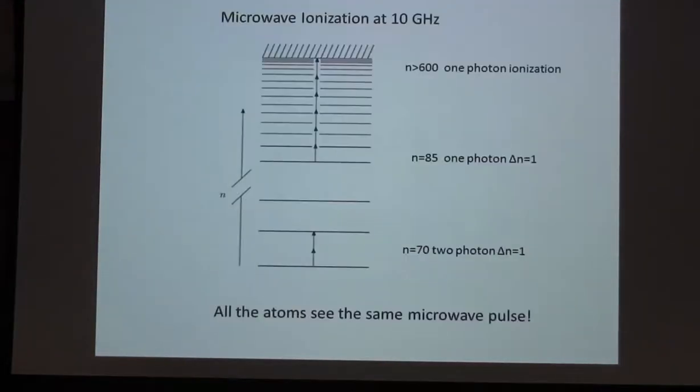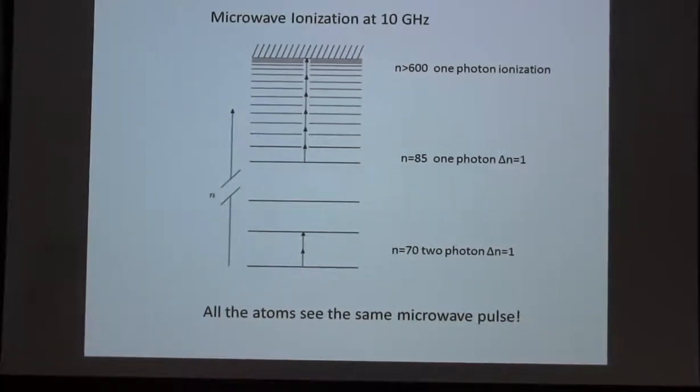Now, the other interesting aspect of Rydberg atoms is that they're not bound by very much, and they're kind of close together. So I'd like to consider the first microwave ionization experiments that we've done, which were microwave ionization at 10 gigahertz and below. If I look at a bunch of n states, lower down they're further apart, the spacing goes as 1/n³, and higher up they're, of course, closer together.